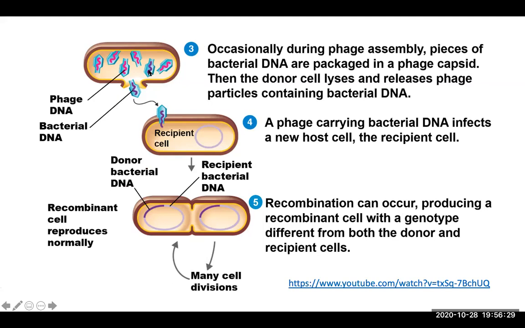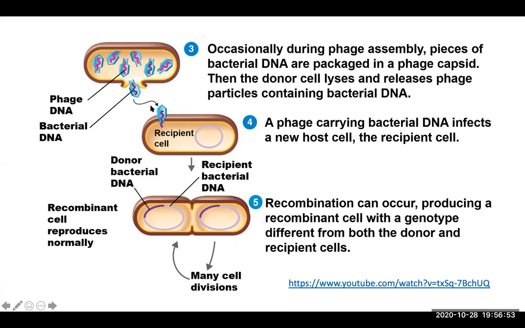As it goes through the replication process, it accidentally takes up some of the bacterial DNA, and so you get some phage viruses that now have both bacterial and viral DNA. In this image, it's only showing one or the other, but it would mostly have the virus genome, with some bacterial genome in it.